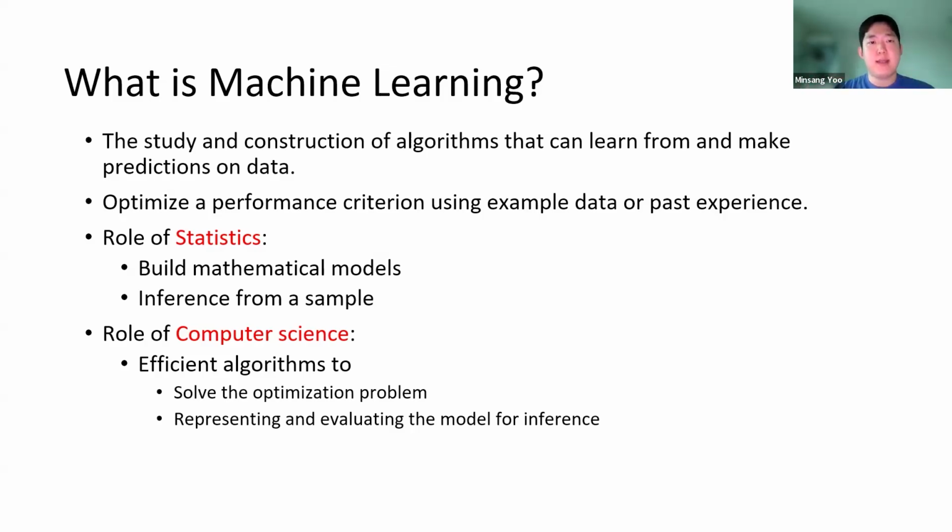So using statistics and the example data, we're trying to predict something with high probability. We don't want to mess up the results. The role of computer science in machine learning is creating efficient algorithms to solve the optimization problem and to represent and evaluate the model of inference.